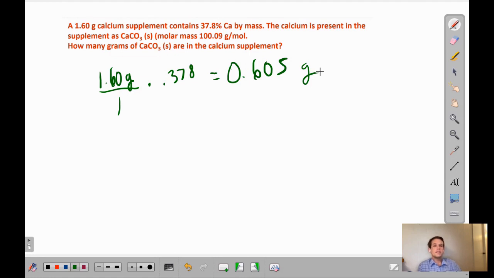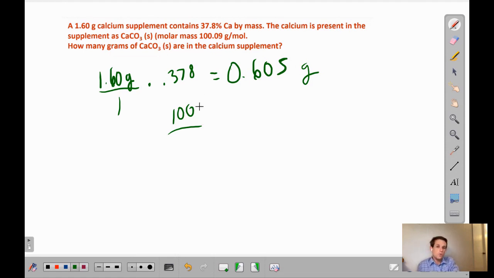The calcium is present in the supplement as calcium carbonate, which has a molar mass of 100.09 grams per mole. How many grams of calcium carbonate are in the supplement? We know how much calcium is in there, but we want to know how much of it is calcium carbonate. If you take a supplement or vitamin, you probably know it's not pure; there are also fillers and binders and maybe other chemicals in it.